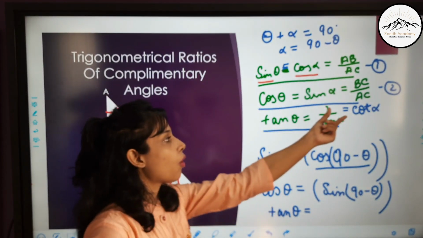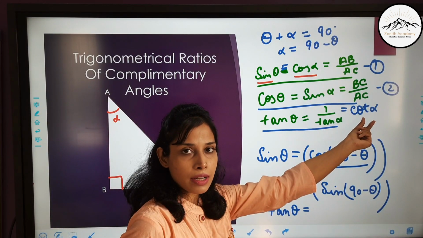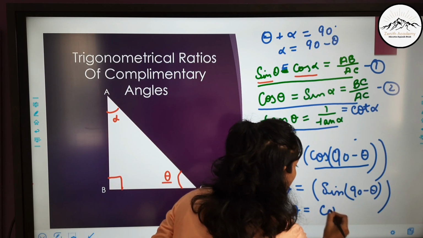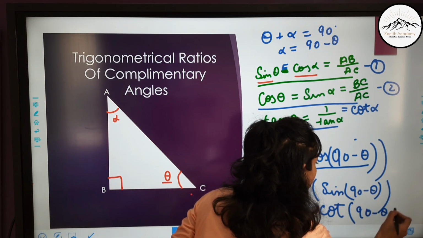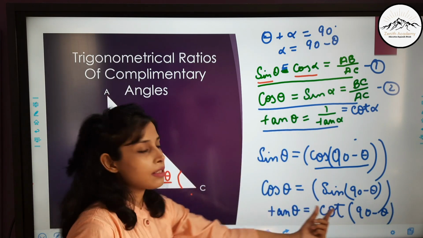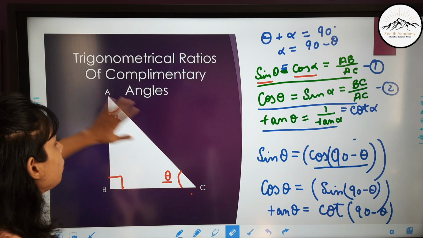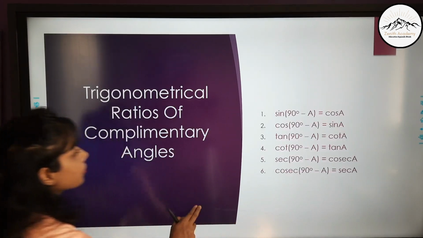We know cot is the reciprocal of tan. So tan theta is equal to cot, and instead of alpha we can write 90 minus theta. So tan theta is equal to cot 90 minus theta. This is how we take the ratios for complementary angles.